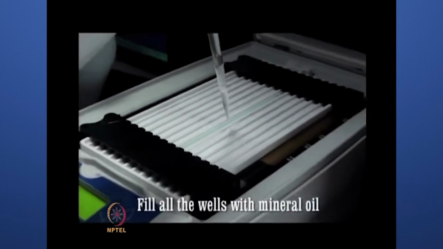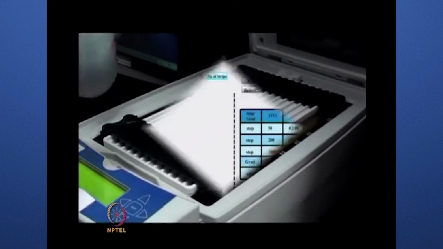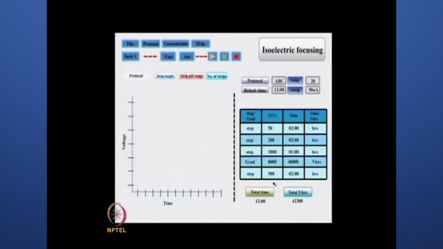Fill all the adjacent wells with mineral oil to ensure uniform current flow. Then input the desired protocol on the instrument software along with details of strip length, pH range and number of strips and start the focusing process. The voltage time curve will appear based on the protocol that has been set.